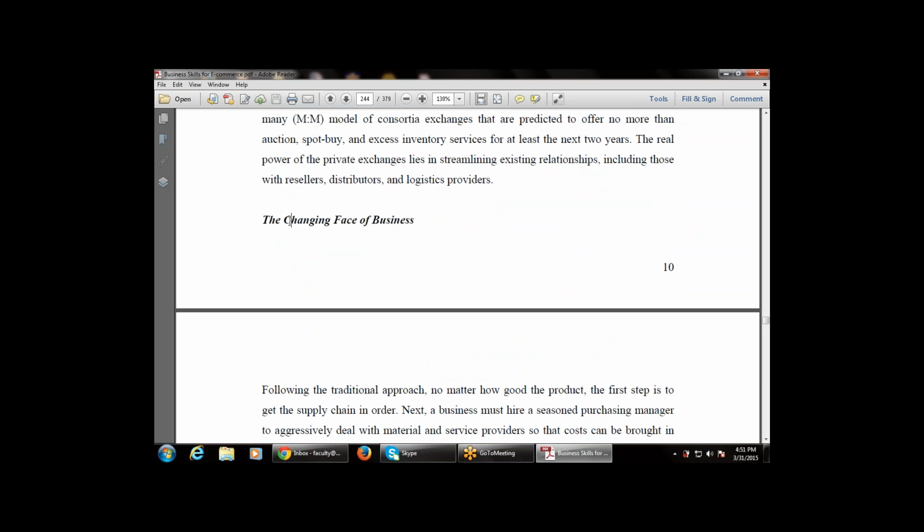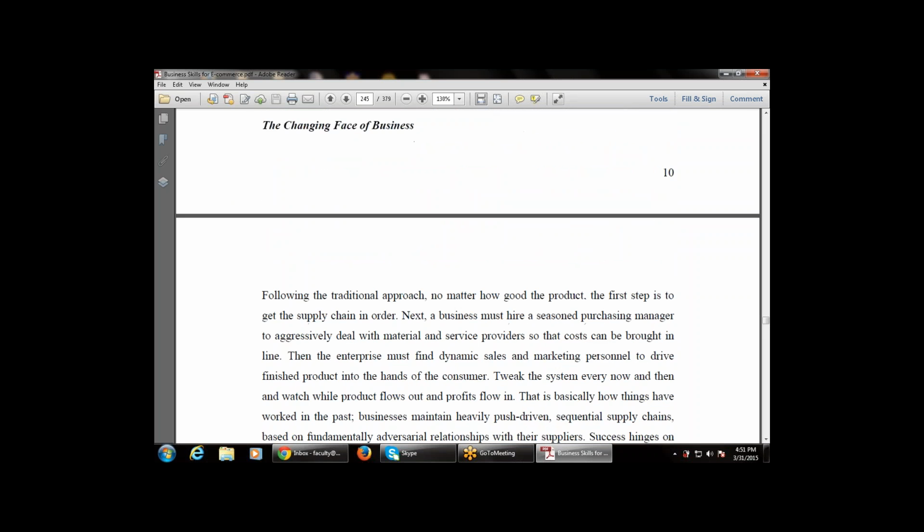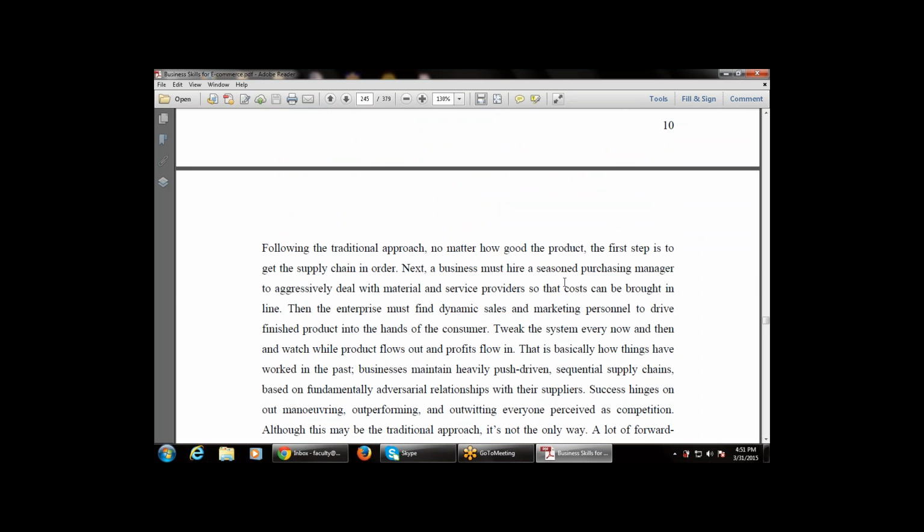Next is the changing face of business. In the traditional approach, no matter how good the product, the first step is to get the supply chain in order.